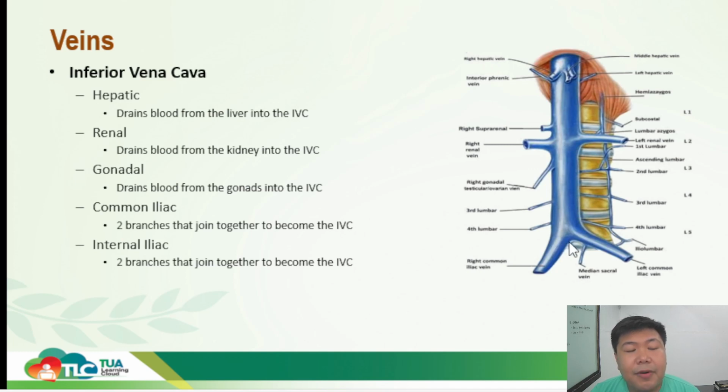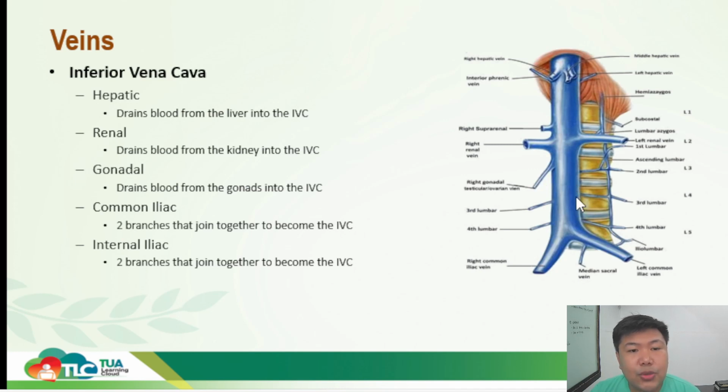And then blood from the kidneys will go to the renal vein, and the renal vein will go to the inferior vena cava. Gonadal veins from the gonads, whether it be testicle or ovary, will drain into the gonadal vein and will enter the inferior vena cava.